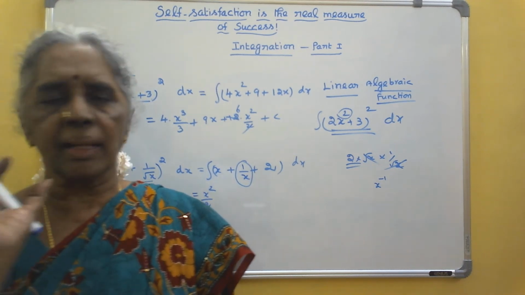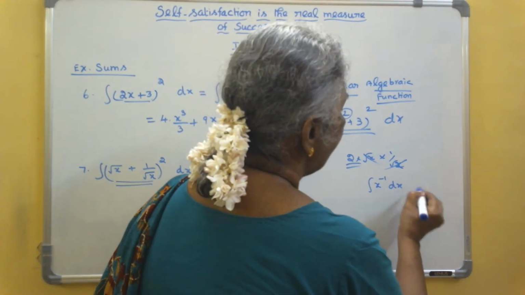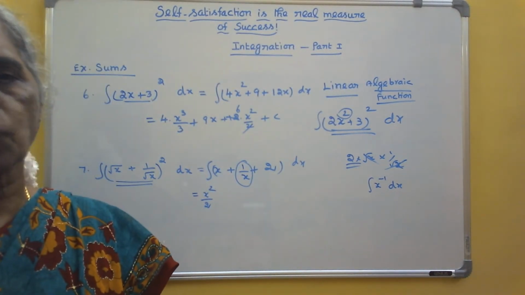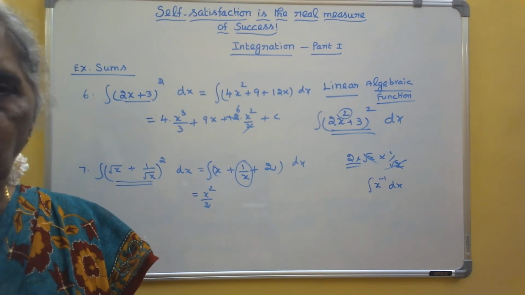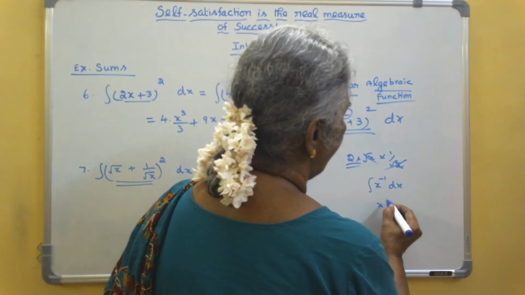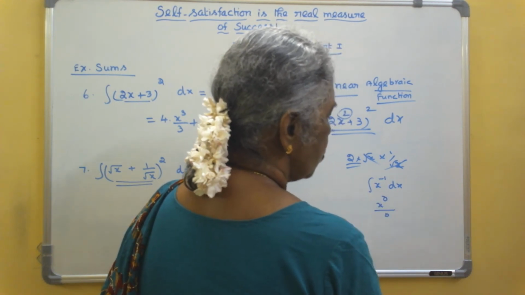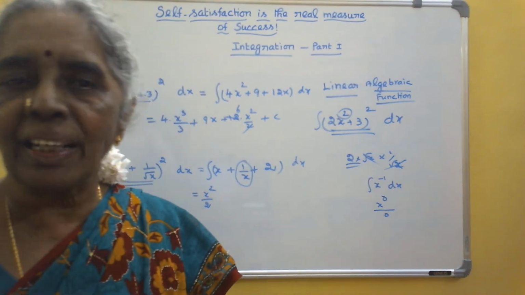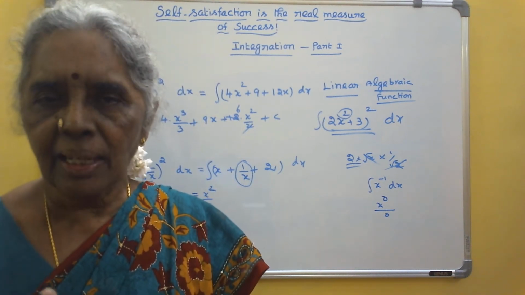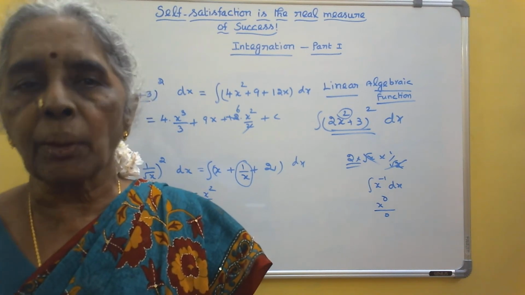I will tell you the reason. Supposing I write it as x power minus 1 dx and use the rule x power n plus 1 by n plus 1, that is x power minus 1 plus 1, which is 0, by n plus 1. So you get something like infinity. That is why when n is equal to minus 1, that formula cannot be used.